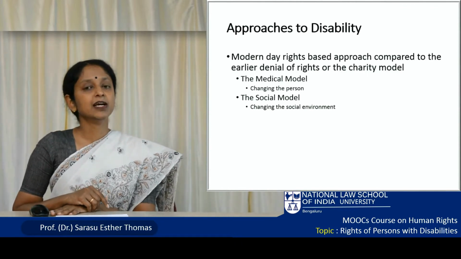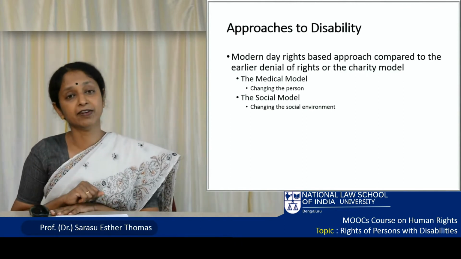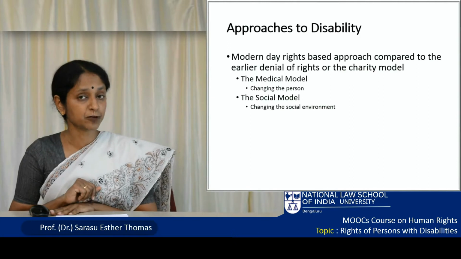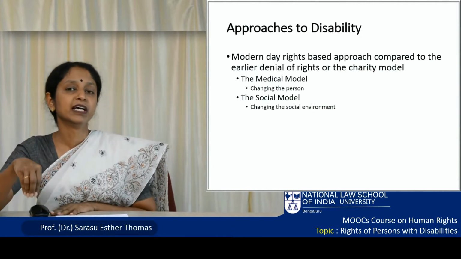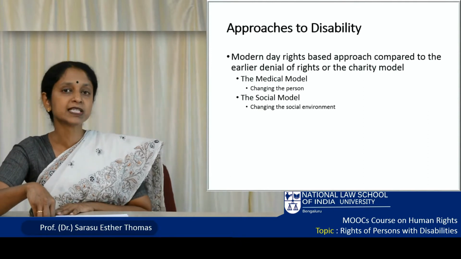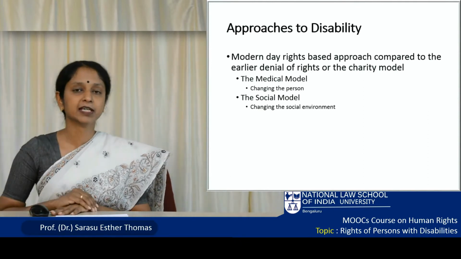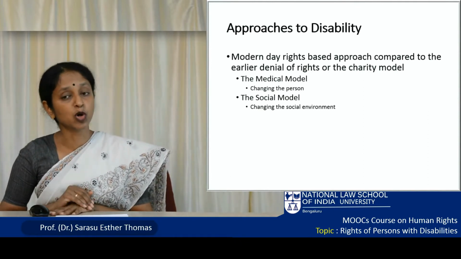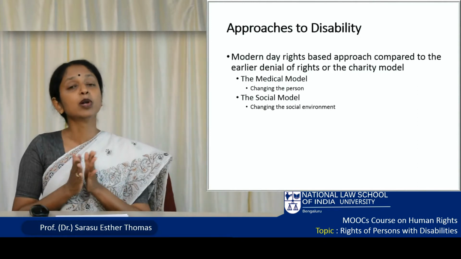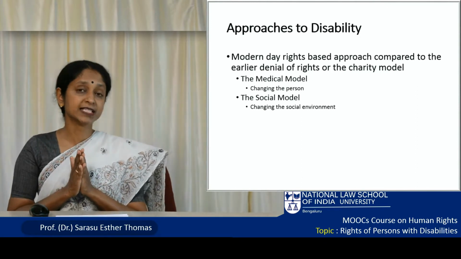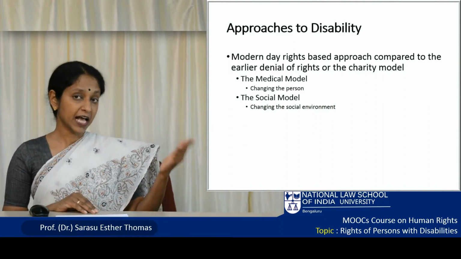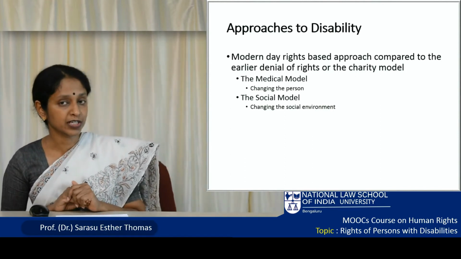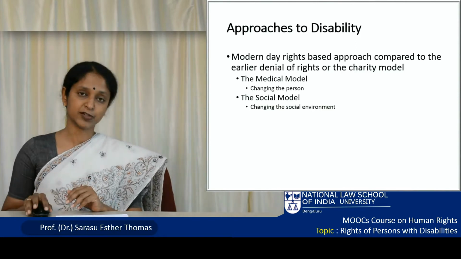So a person who has a locomotor disability, for instance, cannot move around not just because of his or her disability, but because we make steps which are difficult for many people to walk on. The social model of disability is evidenced in the UN Convention, which we'll be examining, as well as some of the laws that we have in India today.